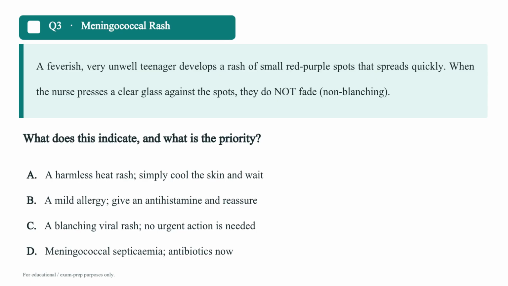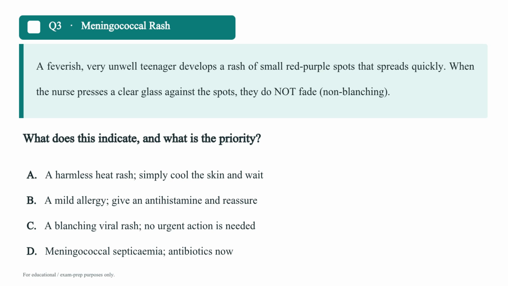Question 3. A feverish, very unwell teenager develops a rash of small red purple spots that spreads quickly. When the nurse presses a clear glass against the spots, they do not fade. What does this indicate, and what is the priority? Option A. A harmless heat rash.